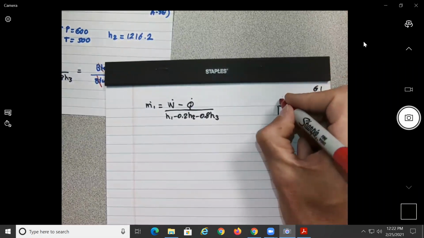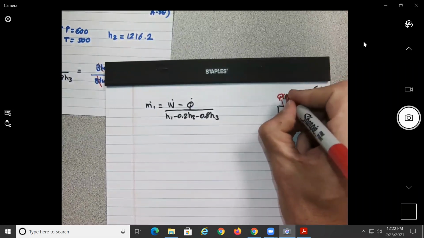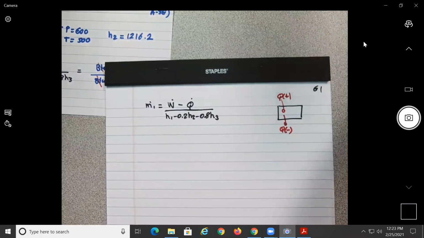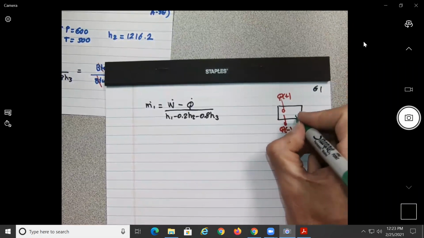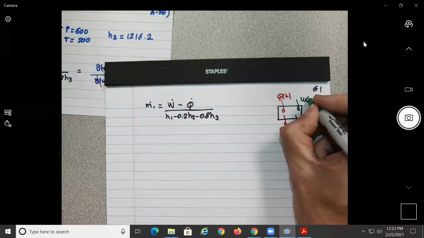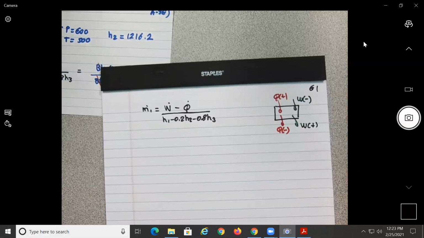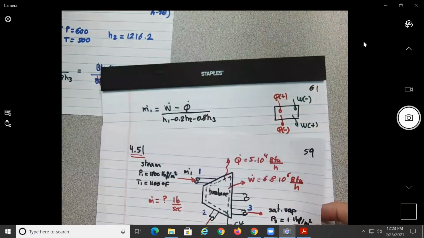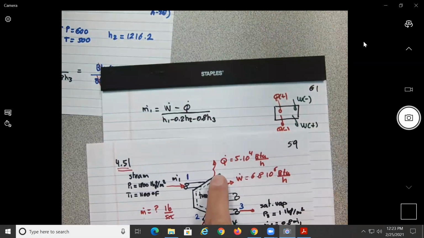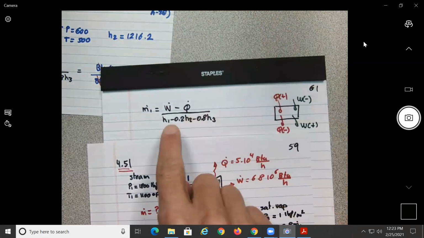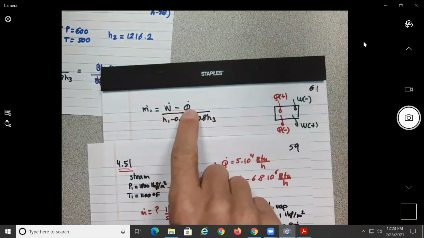Heat going in is positive, heat coming out is negative. Work coming out is positive, work coming in is negative. So in this problem, will the Q be positive or negative? It should be negative, so this one minus this one should become positive.